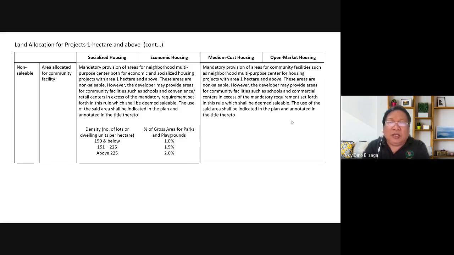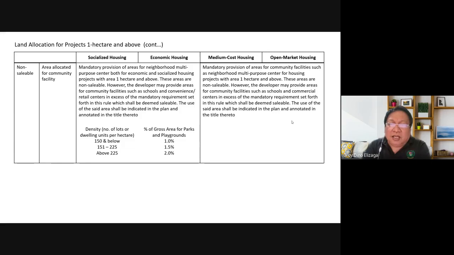But when it comes to open market housing, I think they will have an office because people are more demanding and there will be a lot of requirements. They might even end up hiring staff. So when you build a neighborhood multipurpose center, a little office is expected in that facility.